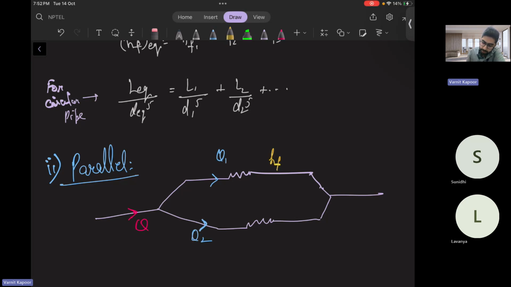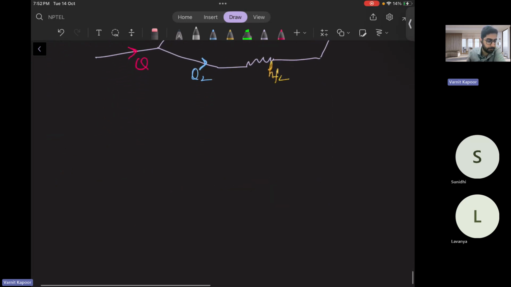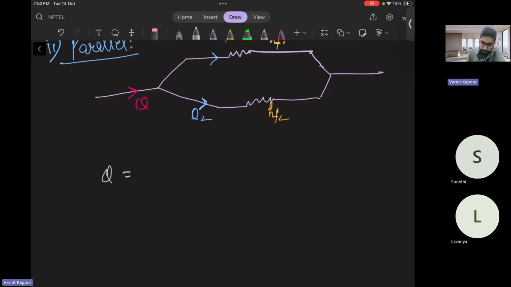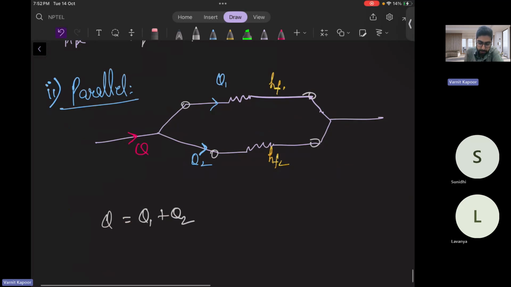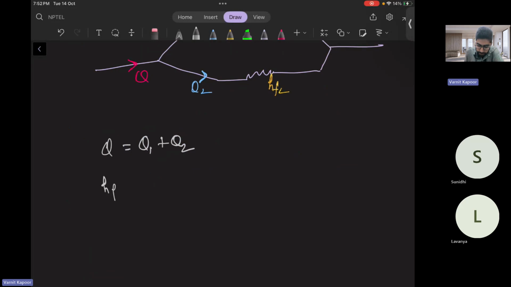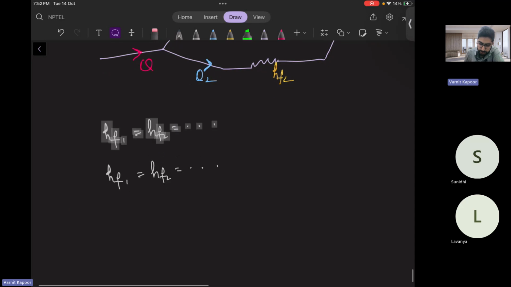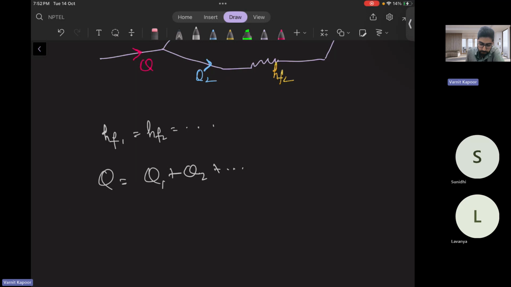Suppose my head loss in this pipe was HF1 and HF2 in this. That means my Q is Q1 plus Q2, whereas my potential difference, V1 minus V2, will be the same. That is, the head losses are equal: HF1 is equal to HF2, and so on. Here my potentials are the same, whereas my flow rate is Q1 plus Q2 and so on.